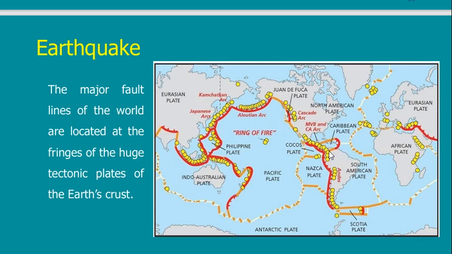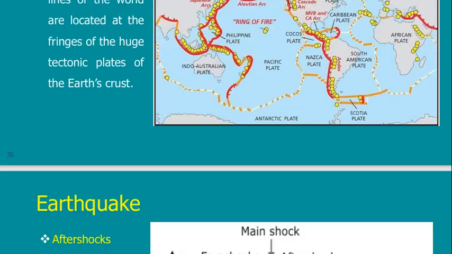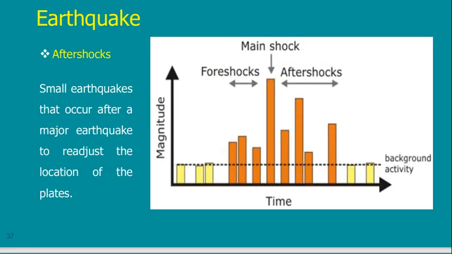You will find that there is matching between both. Along these red lines we have yellow circles. It means that earthquakes are located at the edges of the plates because of the relative motion between them. Very important.